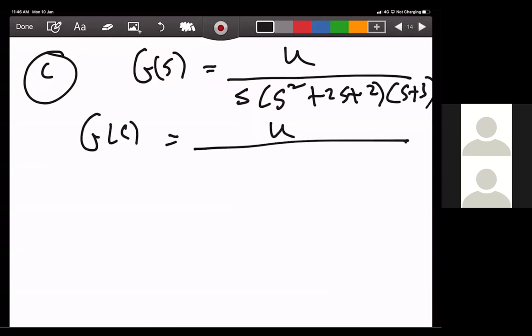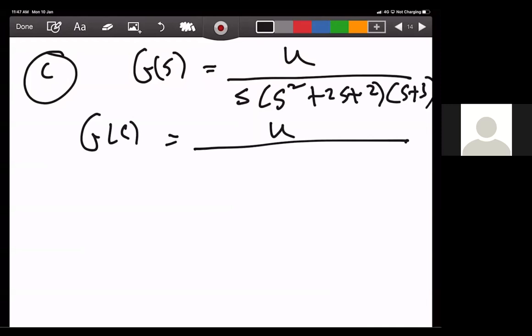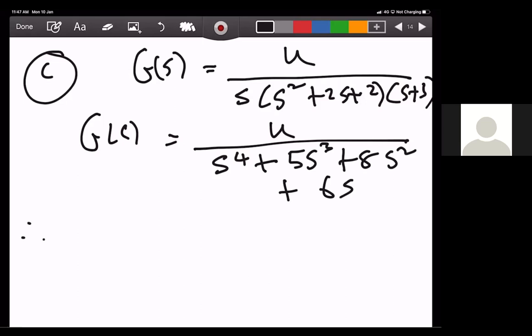Boleh tak you simplify kan dia? Can you simplify the denominator? S power 4 plus 6S. Okay. So this is an open loop.